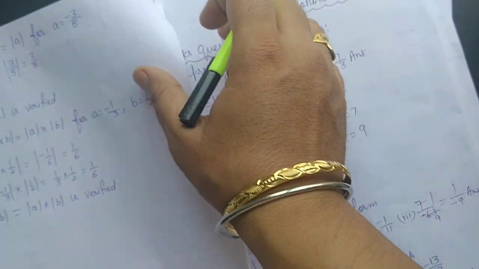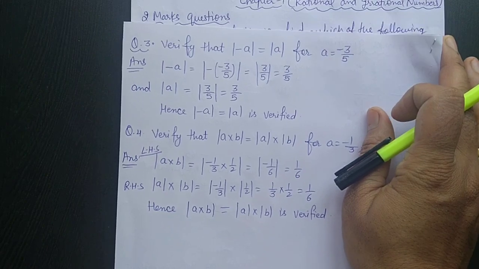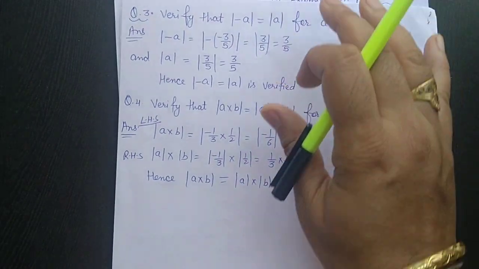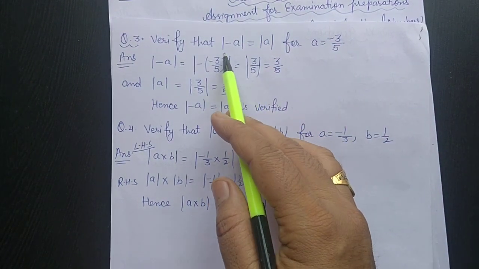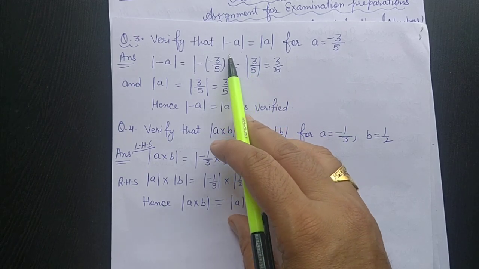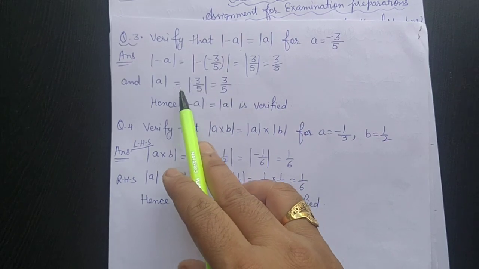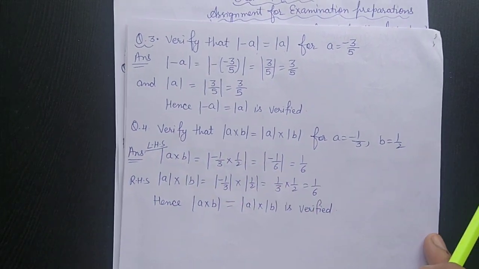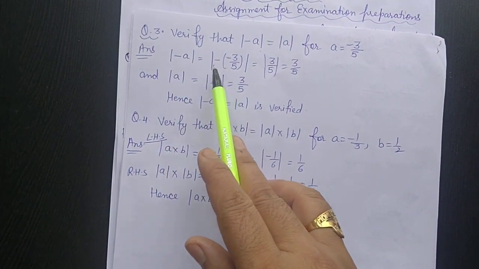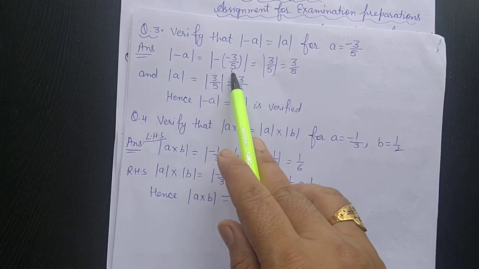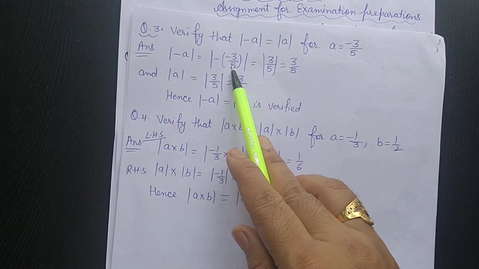Then question number 3, verify that the mod of minus a will give us mod of a. So here is the solution. In place of a you will just write 3 upon 5.